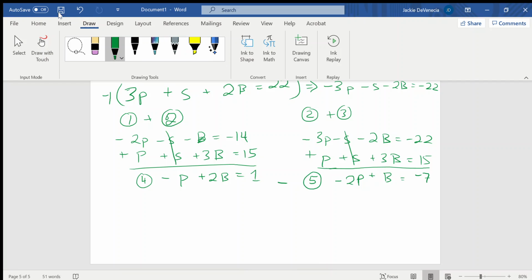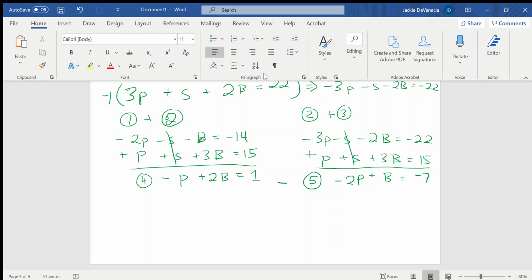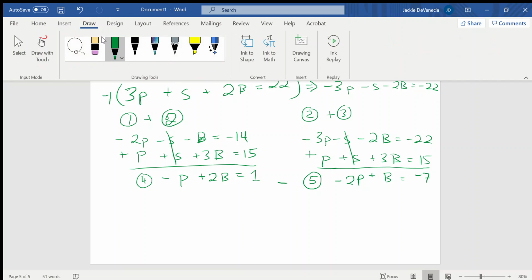Okay, so now we have these two new equations, so we can keep on going and try to use elimination to get rid of these variables. So I'm just rewriting 5 to be underneath 4. I can see amongst these that I can either change p to a positive 2 to get rid of the p's, or I can change this b into a negative 2 to get rid of the b's.